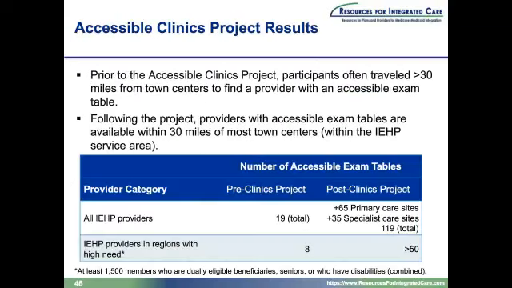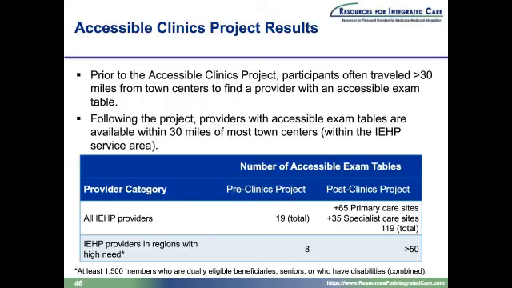So prior to the Accessible Clinics project, we only had about 19 providers that had access to accessible exam tables or accessible scales. After the Accessible Clinics project, the number went up to about 119, which represents about 5% of our provider network.